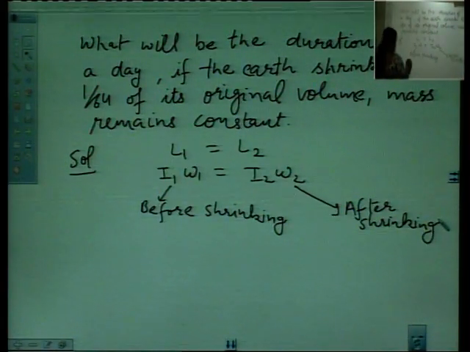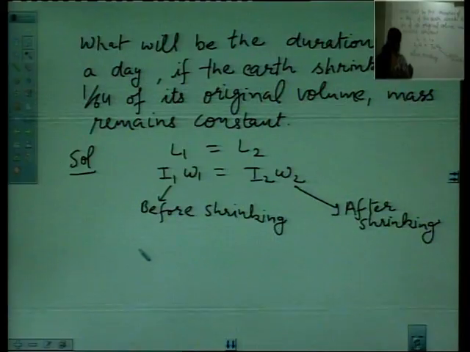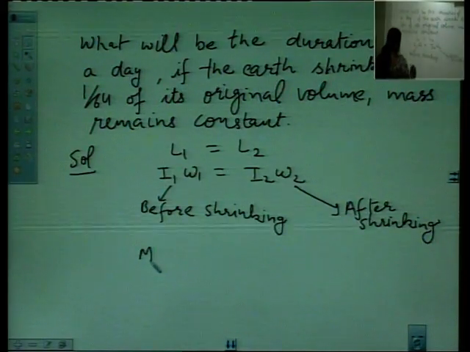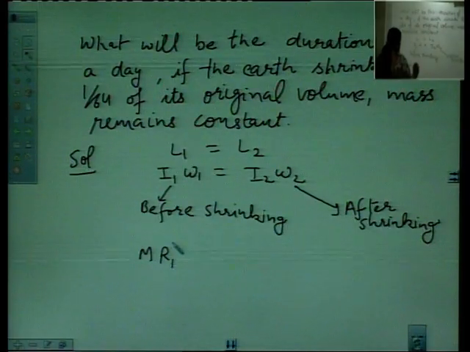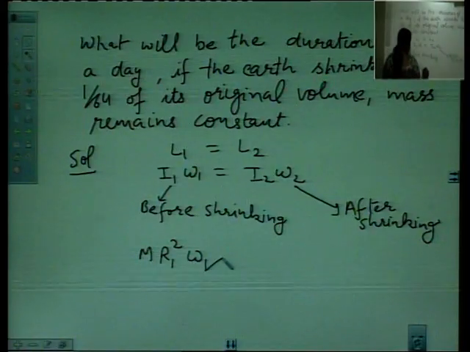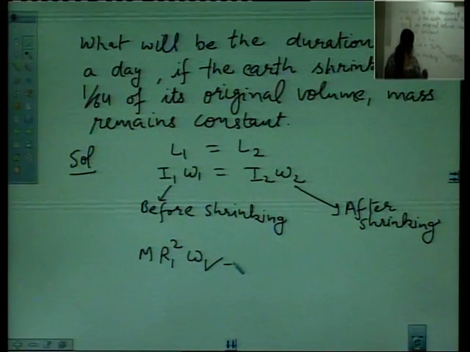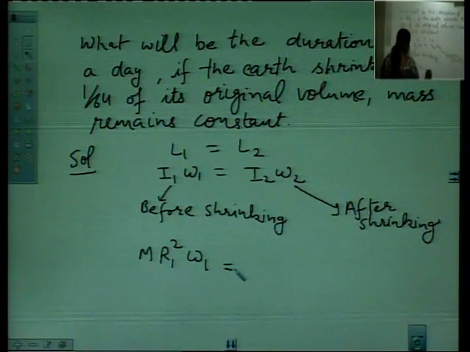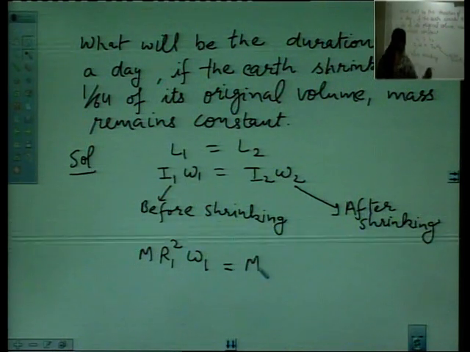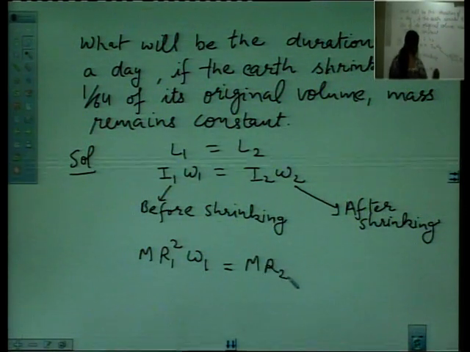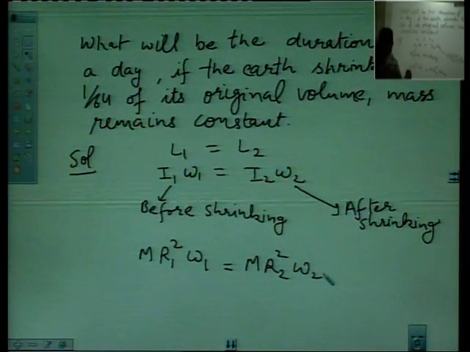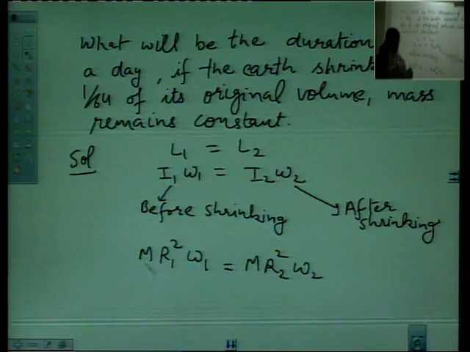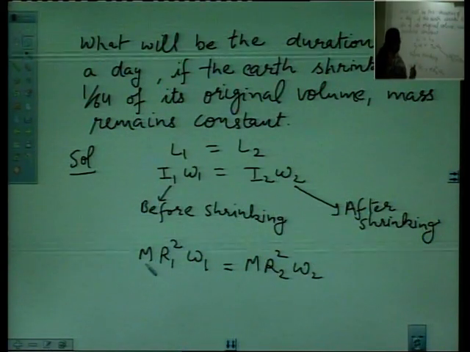Now, we know that I1 is equal to mass of the earth into radius of the earth r1 square into omega 1, whereas I2 is equal to mass of the earth, radius r2 square into omega 2. Here we have taken mass same on both sides, which is m, because mass is not changing.